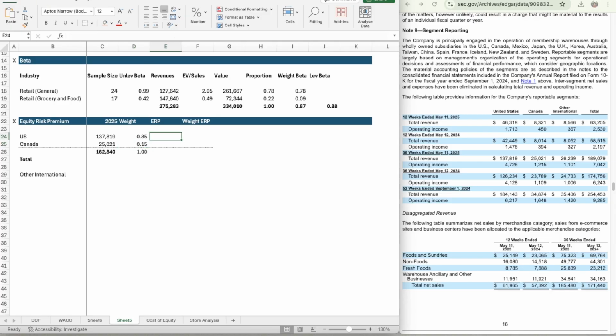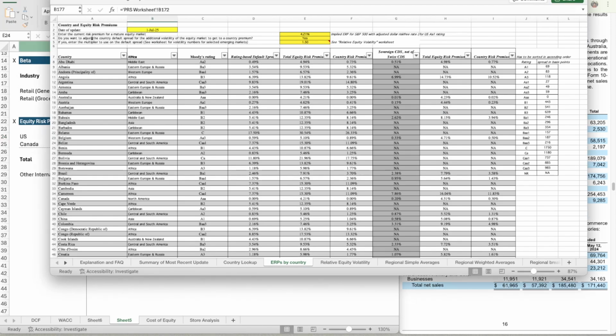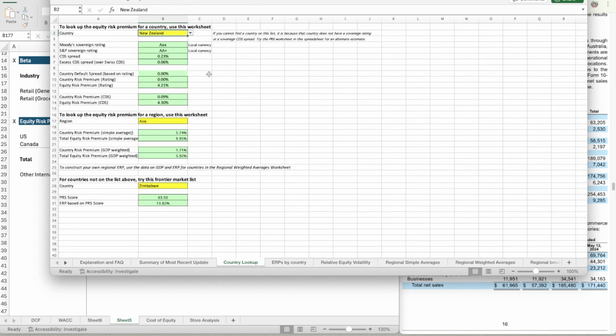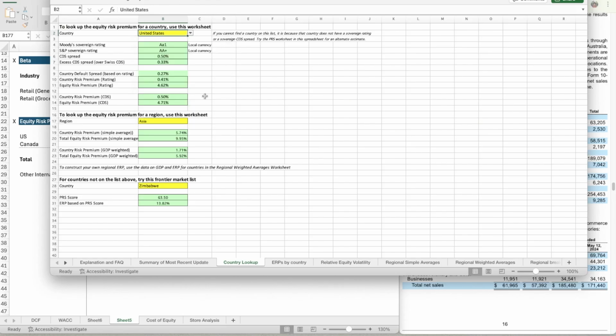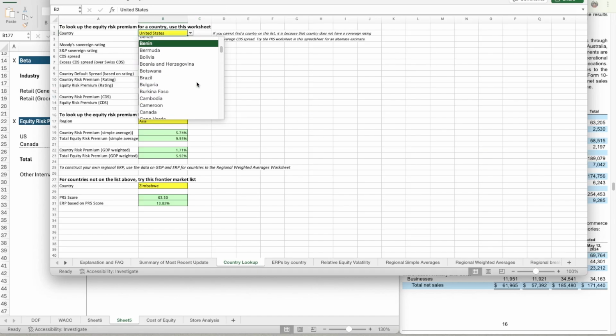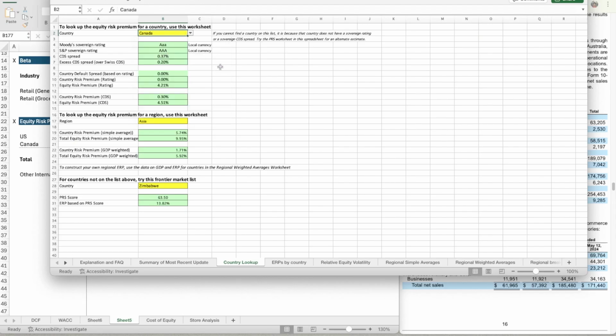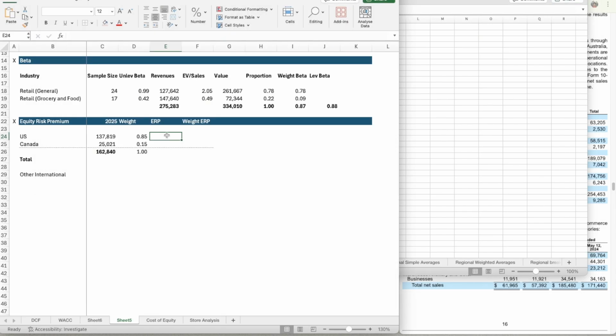So we pull up the spreadsheet from Damodaran again, and we can look up the country's equity risk premium. Let's start with the US. And there it is, 4.62. We'll take Canada's now, so that we don't have to come back to it straight away. 4.21, so 4.62 and 4.21%.